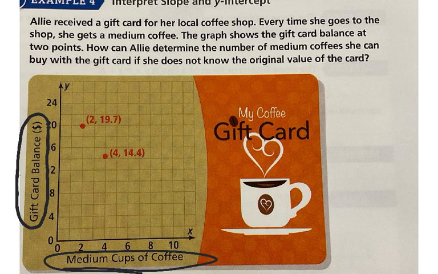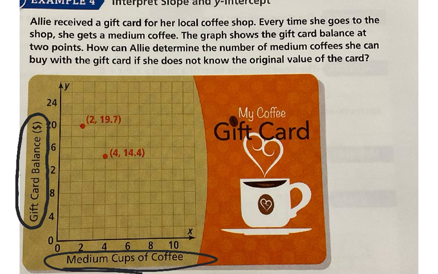That's not how much it costs for 2 cups of coffee. So after 2 cups of coffee, Allie had $19.70 left on her gift card. After 4 cups of coffee, Allie had $14.40. So we can see the more cups of coffee we get, the less she's going to have on her gift card because it's a negative sloped line.